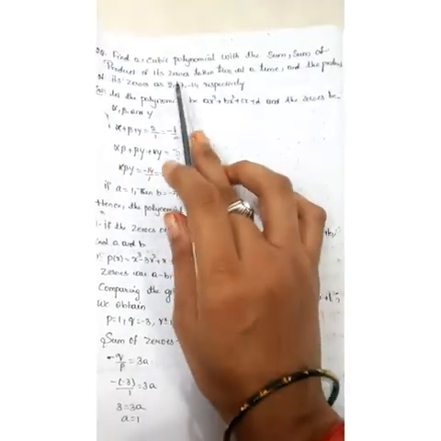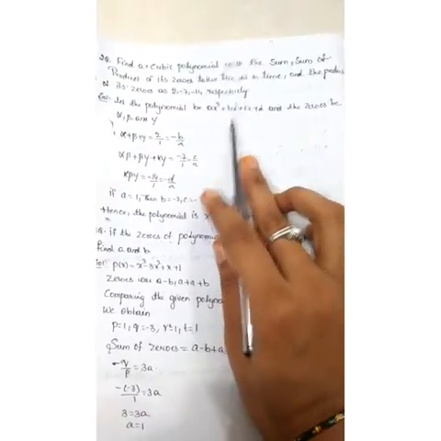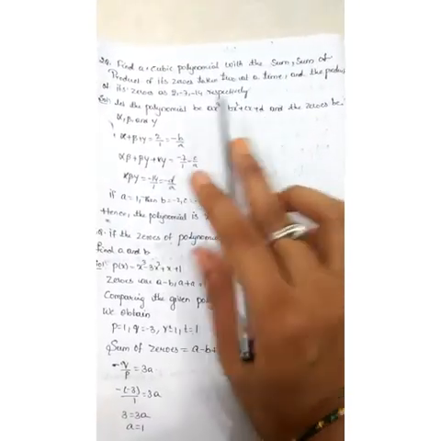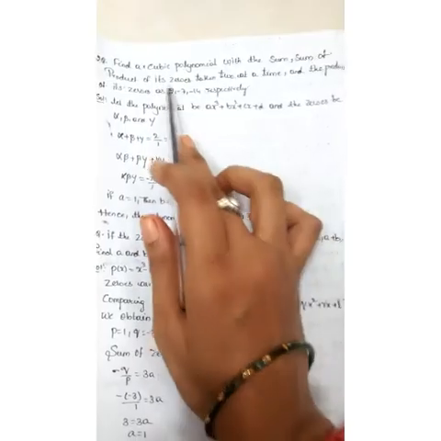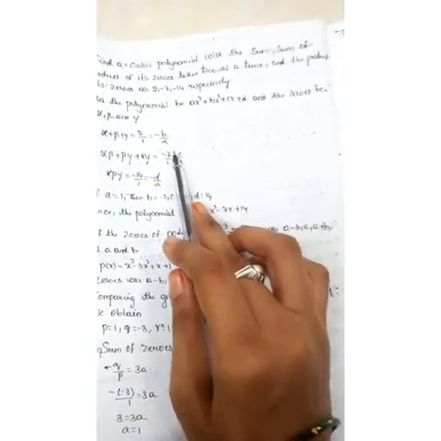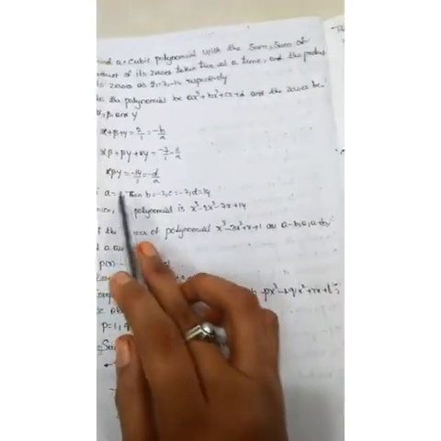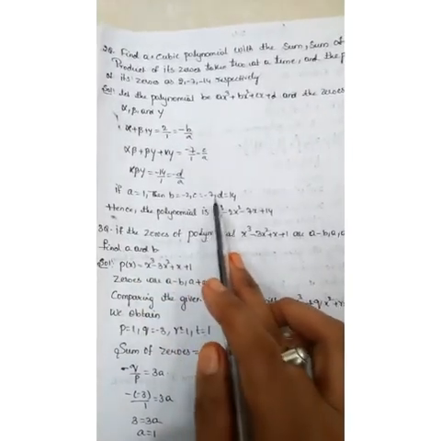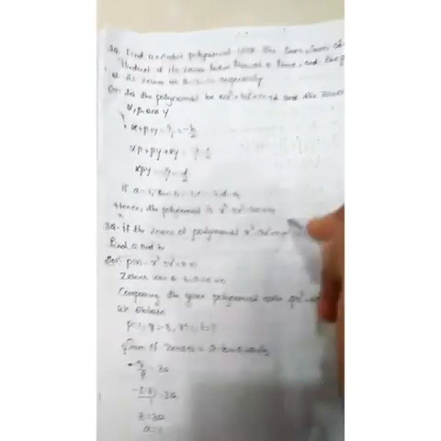Alpha plus beta plus gamma is minus b by a, alpha beta plus beta gamma plus gamma alpha is c by a, and alpha beta gamma is minus d by a. If a is equal to 1, then b is equal to minus 2, c is equal to minus 7, d is equal to 14. So write it in the form of ax cube plus bx square plus cx plus d.